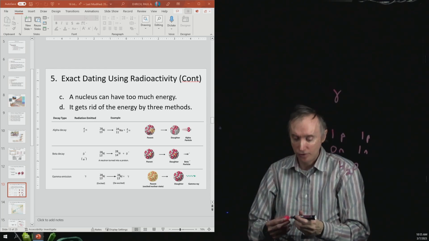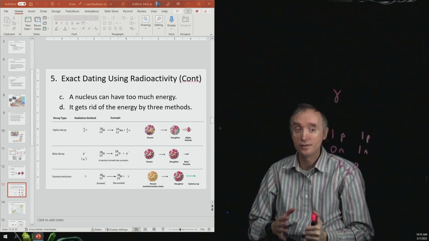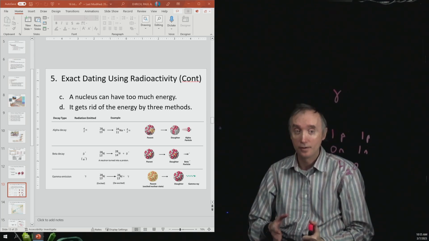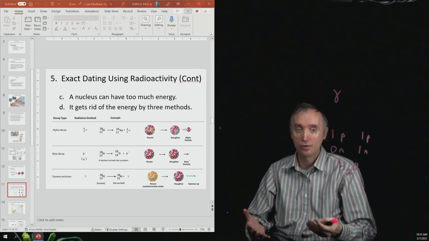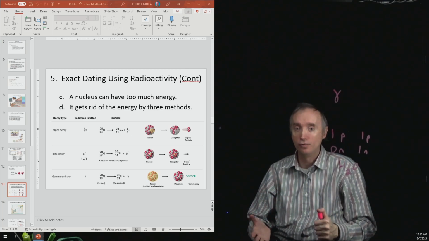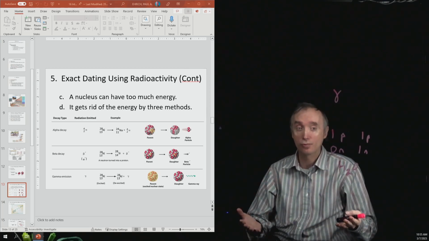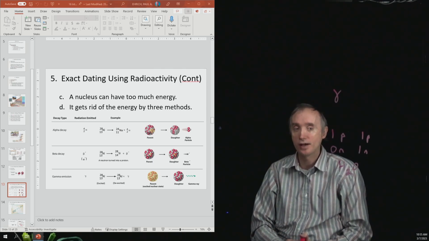You could have a nucleus that has the right number of protons and neutrons, but it just has too much energy. So it's going to give off a gamma ray, and then what's left over is just the original nucleus. Notice that the nucleus did not change, it just gave off some energy.